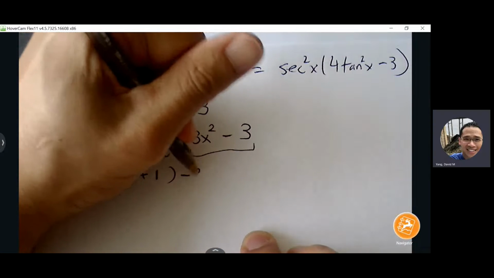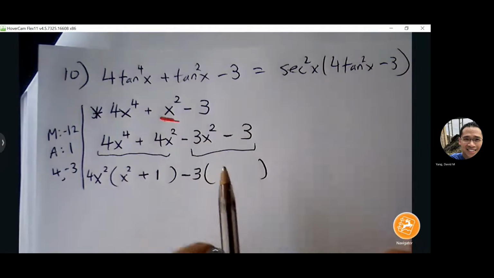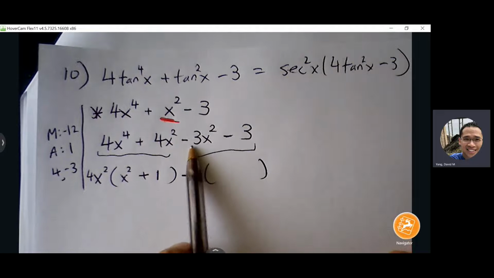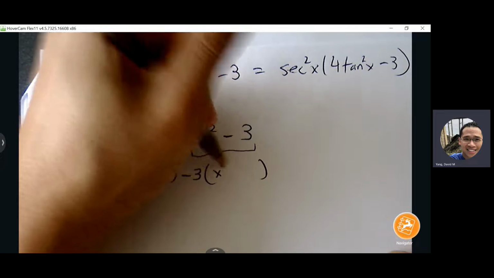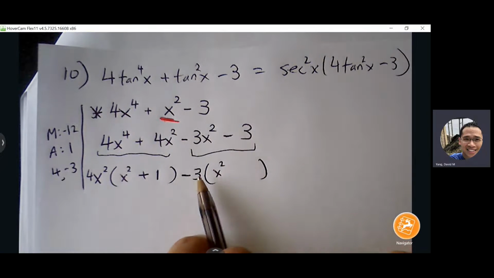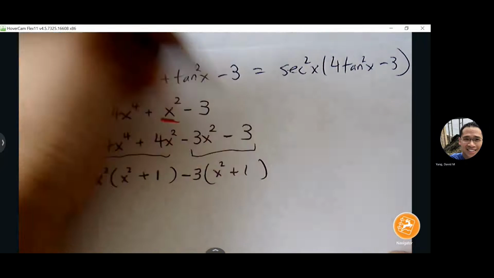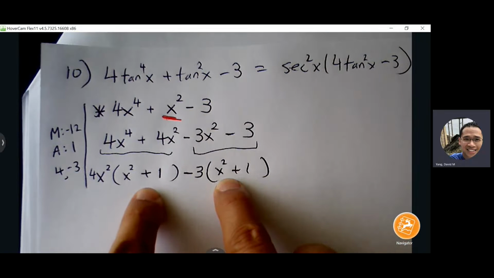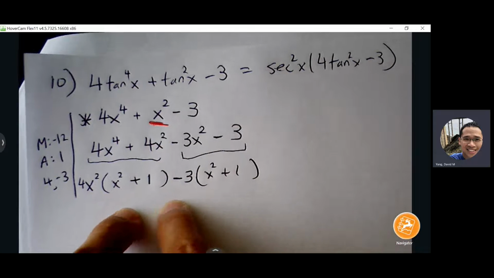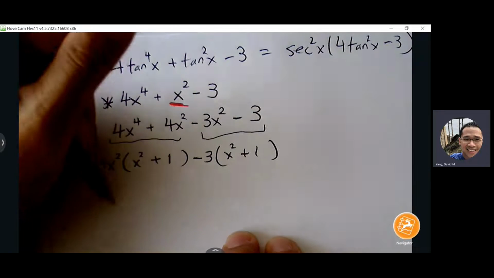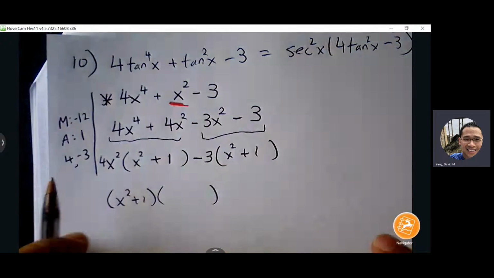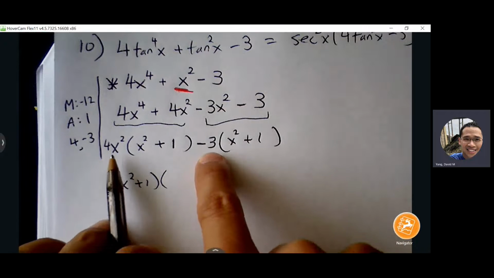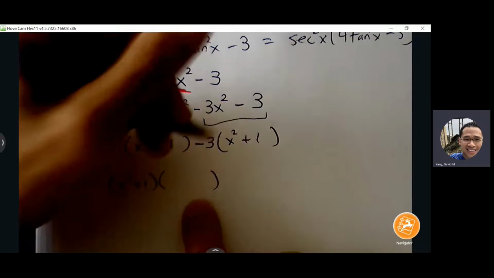Second GCF is minus 3. Divide both terms by negative 3 here. Negative 3x squared divided by negative 3 is x squared. Negative 3 divided by negative 3 is positive 1. And you know you're on the right track if you can get your parentheses to match. You can. So the shared expression is going to come out, and then the expression that's left outside of the parentheses will get their own grouping.